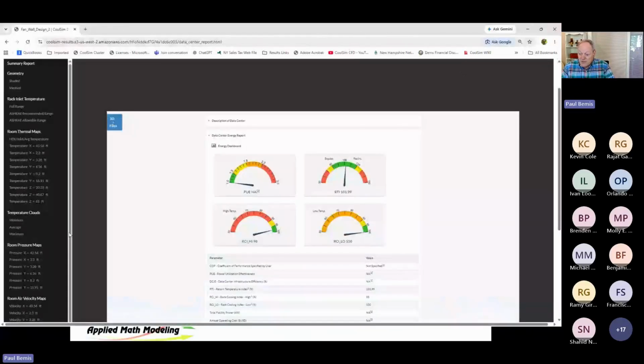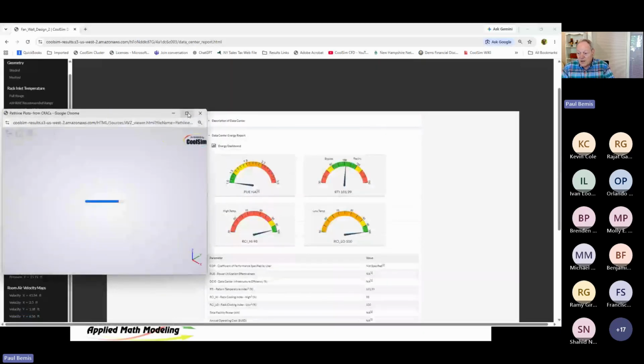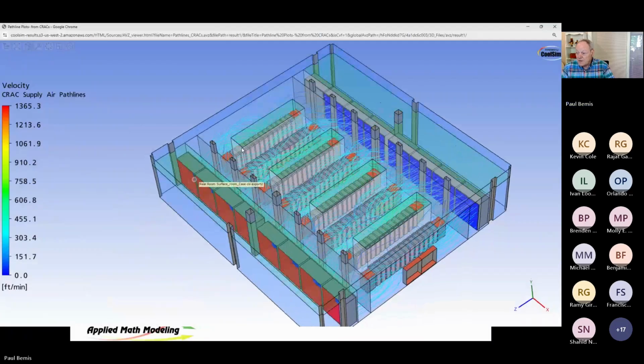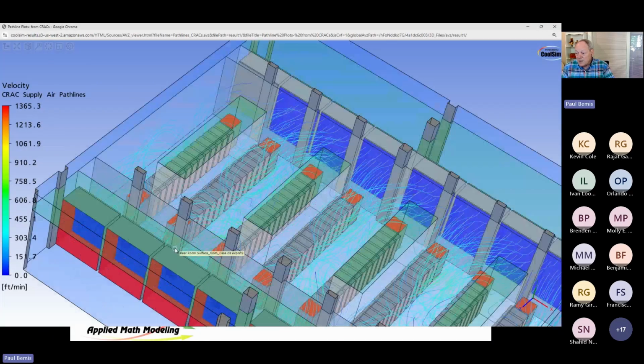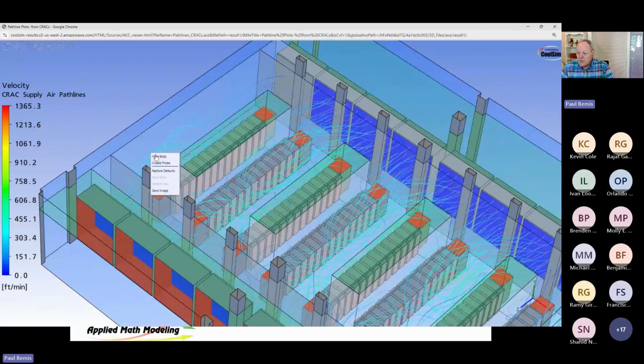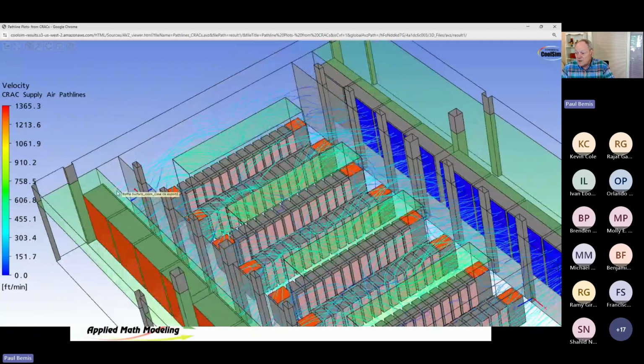So let's see where it's off. I always go down to my from cracks plot because I want to see the airflow coming out of those cooling units. So I shut this one off. You know, I don't know until I look. Whenever we do consulting reports, I always show this picture because it's important to know which one's off so you can see what's going on.